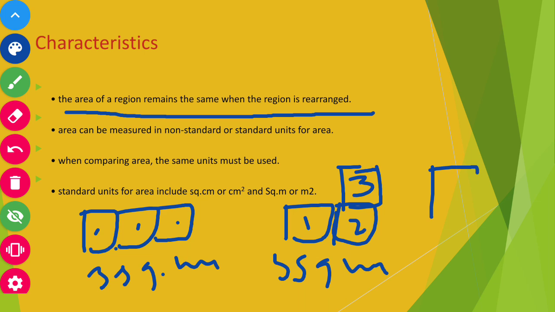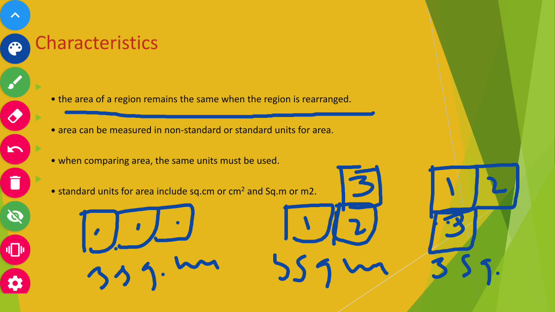Now if you rearrange this shape like this, now also you have 3 squares. So what is the area of this one? 3 square units. That means the area of a region remains the same when the region is rearranged.